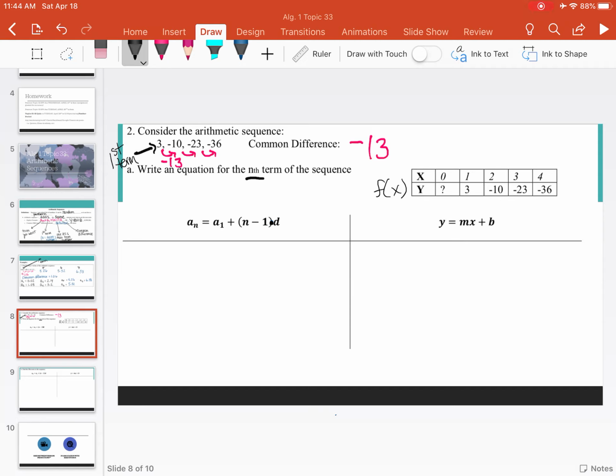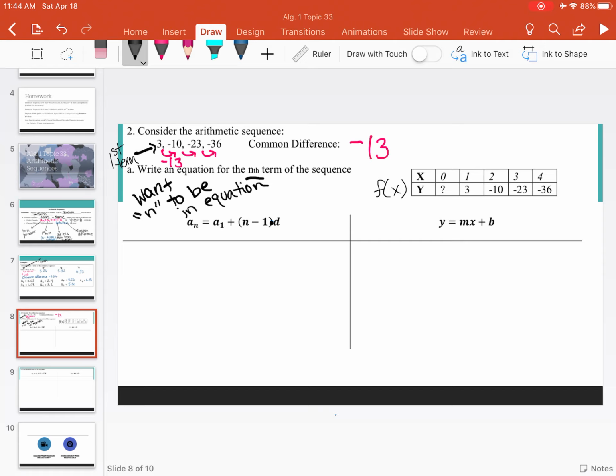So, because we want to write an equation for the nth term of the sequence, with this explicit formula, we want the variable n to be in our equation. We don't want to eliminate it.